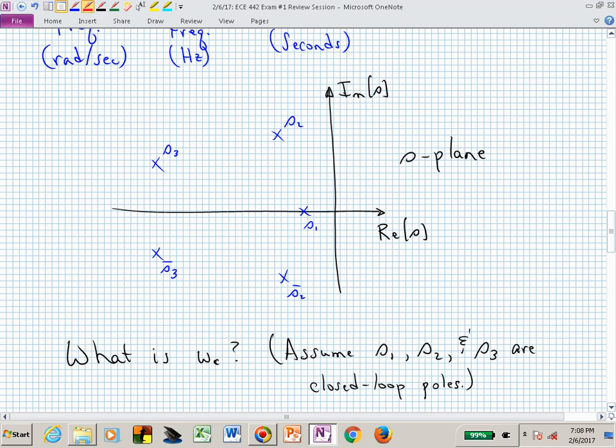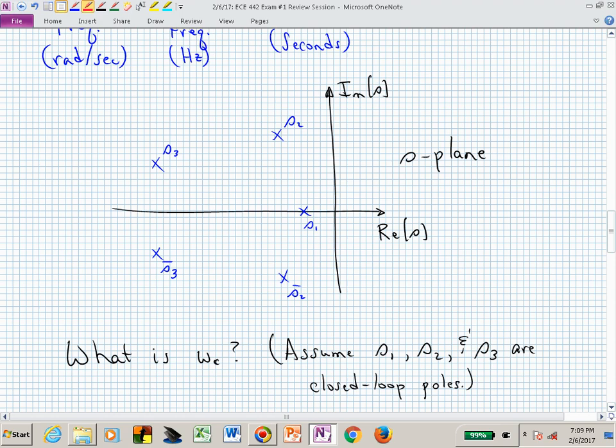How fast do we sample? Omega s is equal to 30 times omega c. Correct. But what is omega sub c in this picture? You have 5 poles up there.